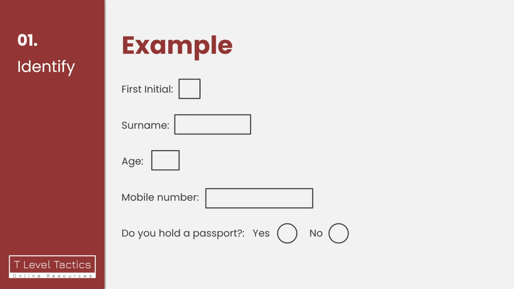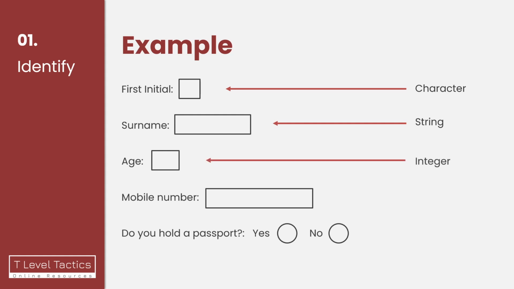At the top, for first initial, we're expecting a character, whereas for surname, we're expecting a string. For age, we want a whole number, so we'll have an integer, and usually age is going to be quite a small number in comparison to the number of numbers available. Whereas for a mobile number, they can be quite long. They have a lot of digits, 11 usually. We'll want to store them using a double.